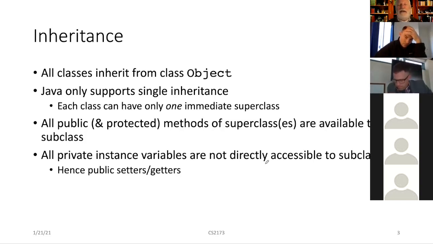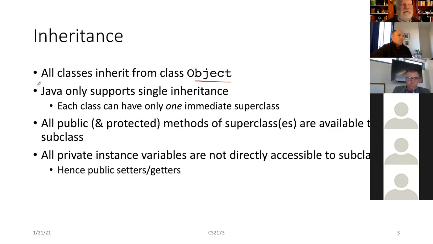There's one class in all of Java that does not inherit from something else, and that's this granddaddy class, Object. You can't do anything with that. So every class that we write is a subclass of Object. And every other class that's in Java is also a subclass of Object.